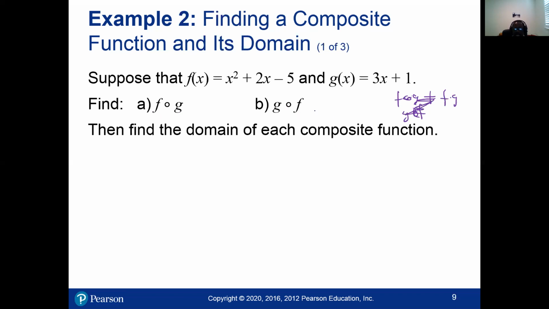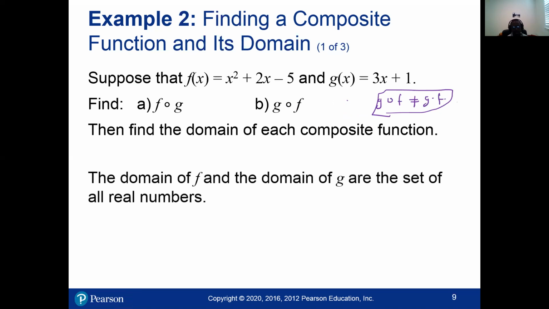Note that g of f is not the same as g times f. Okay. They are not. So take note of that. All right. So we want to find this function, and then find their domains. All right.